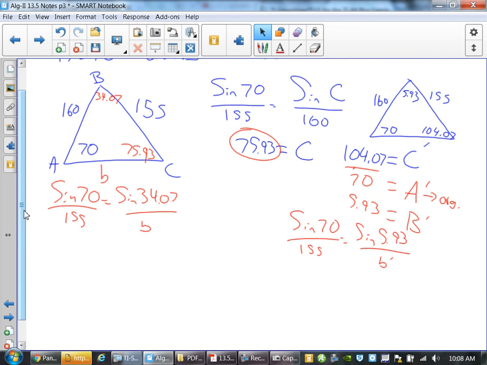Actually, side angle side would be law of cosines. It's that side side angle scenario that you really have to worry about. Angle side angle, you don't need to worry because you're given two angles, so you know what the third one has to be. It's usually side side angle. That's why we call it the ambiguous case.